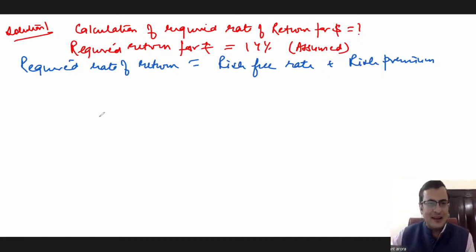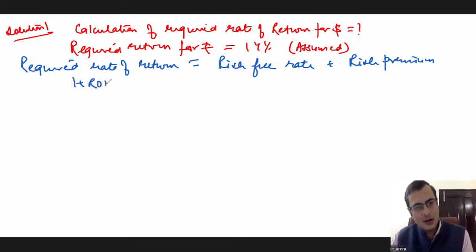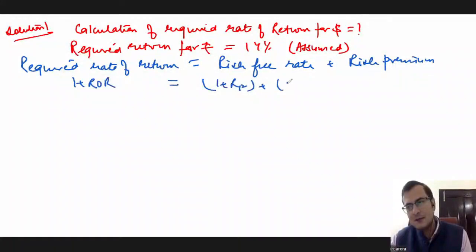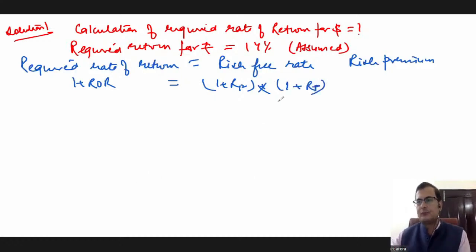We write this as 1 plus ROR is equal to 1 plus RF, oh sorry, not plus, multiply, into 1 plus risk premium. So what is the required rate of return in INR? Sir, it is 14%. Yes, 1.14.